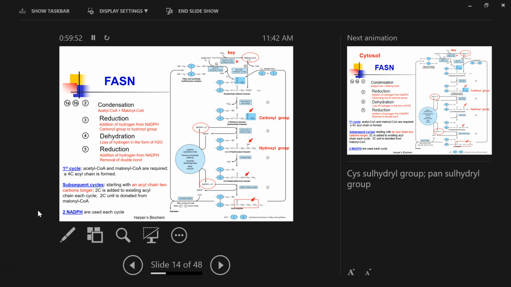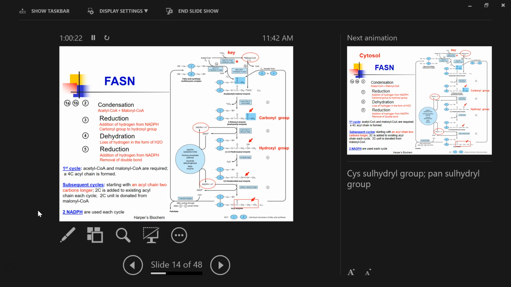So now I have a question. How many cycles do we need in order to generate the 16-carbon palmitate fatty acid? The first cycle forms a 4-carbon acyl chain, and then each cycle adds 2 carbons.